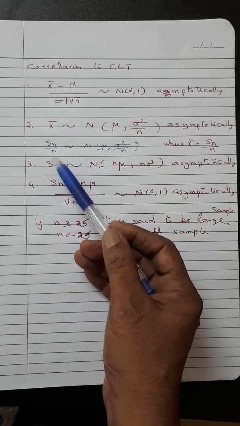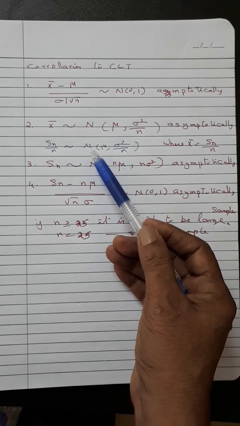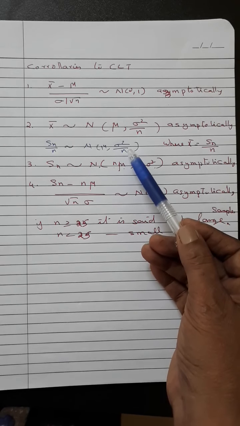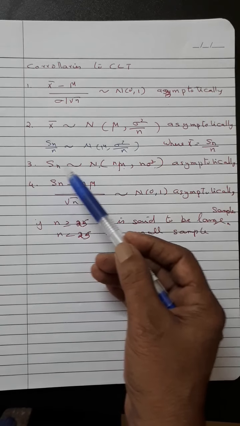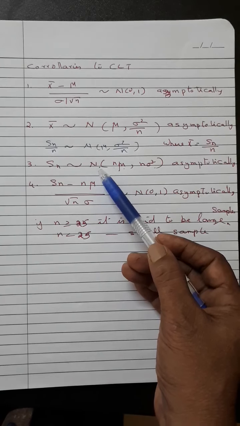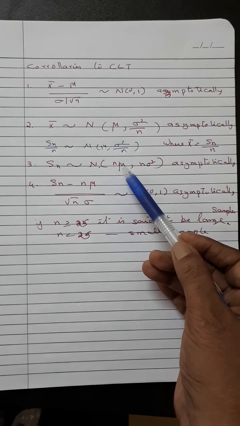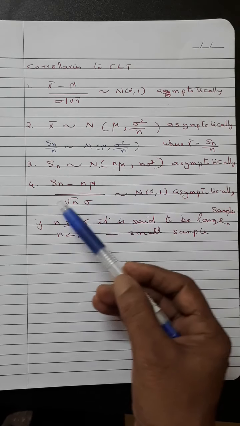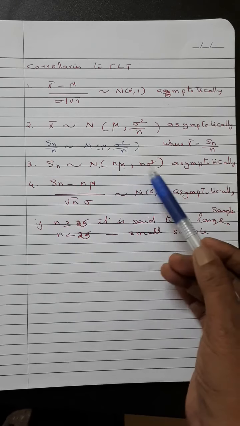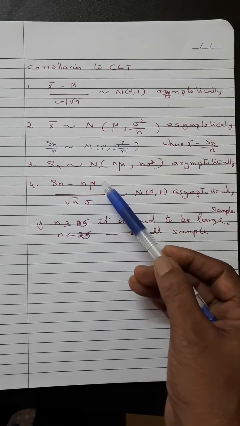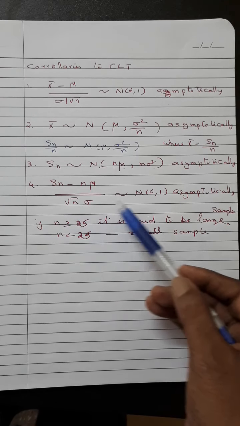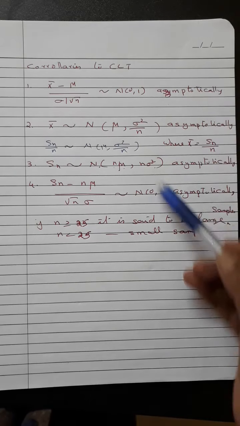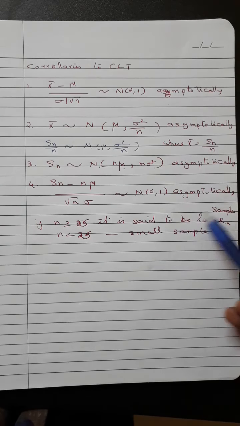So Sn by n follows a normal distribution with mean mu and variance sigma square by n. Therefore Sn follows another normal distribution with mean n mu and variance n sigma square. And from this one we can say Sn minus n mu divided by root n sigma follows N(0,1). All these things are asymptotic, that is, for large n.